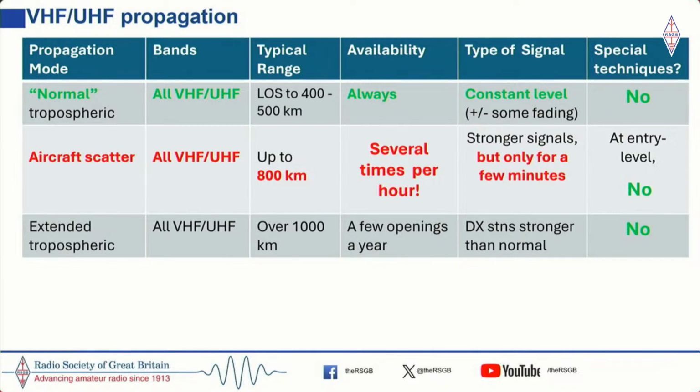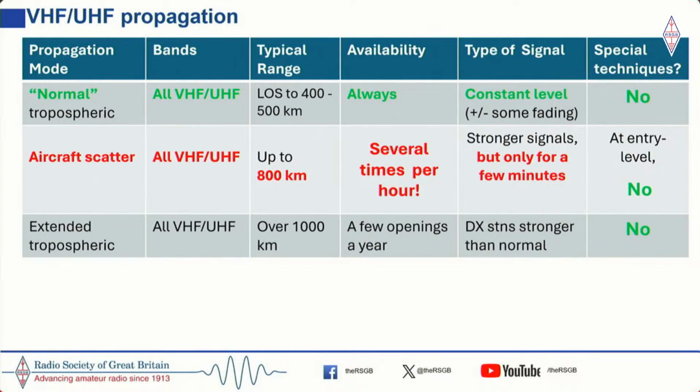Now, at entry level, you just curse the violent fading and you try to complete the contact, but it doesn't require anything particularly special. It is so non-special, as I've already said, that it just gets confused with ordinary tropospheric propagation. So that's where it fits in.